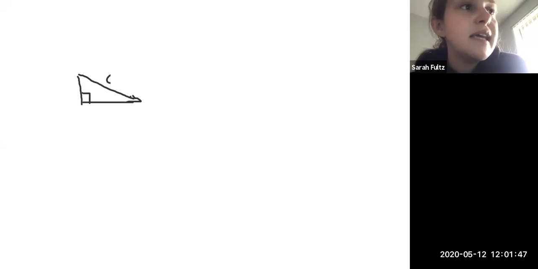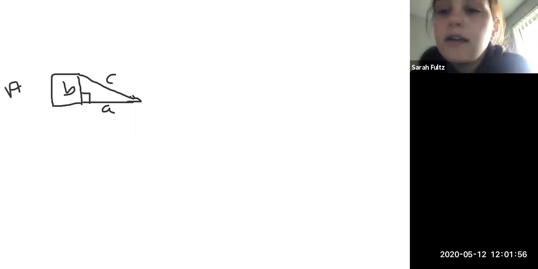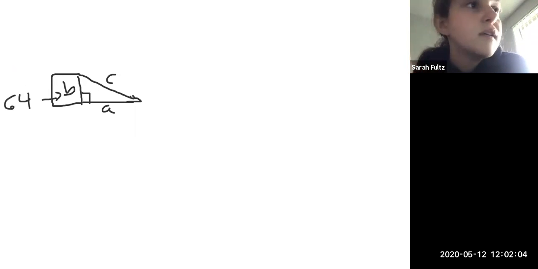And this is C, this is A, and this is B. And we're given the area of B squared. Here, the area, let's not use A. Here for B squared, the area is 64 square feet.